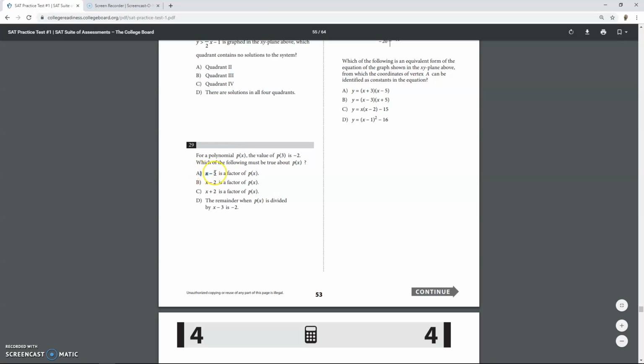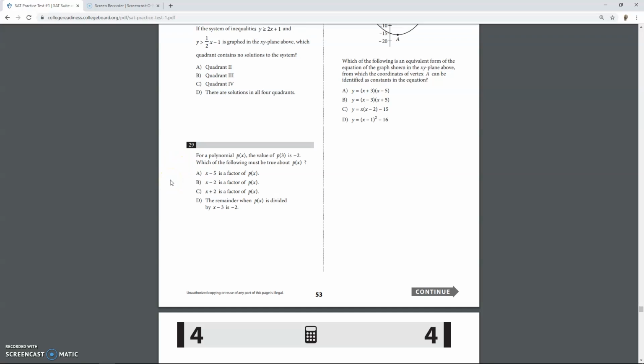For x minus 5 must be a factor of P of x, it is not possible because if we have x minus 5 times something, it will not yield the same thing. For example, 2 times x minus 5 will give us the answer of negative 4 when we put 3 into it. So A is not true. The same as A, B and C are also not true. So the remaining one must be D.